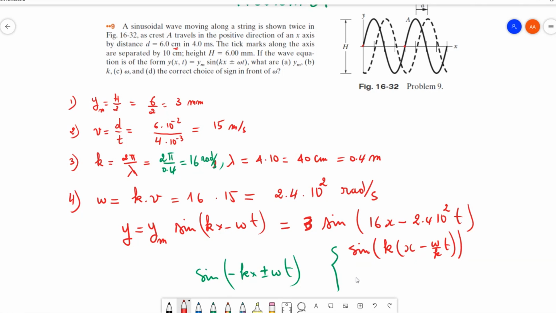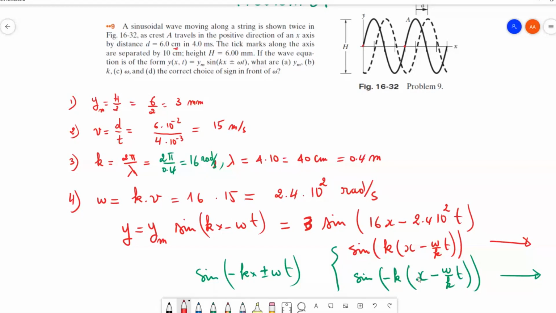Now here, the second one, sine. Here I need to take minus k as a factor. I will have here x, and I need to have omega to have a wave function going to the right.